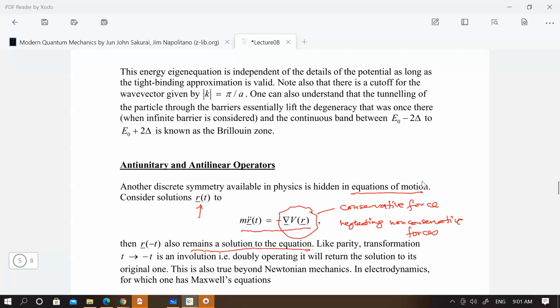In other words, there is this possibility of flipping t to minus t and still getting a new solution, in other words, a new possible physical condition.